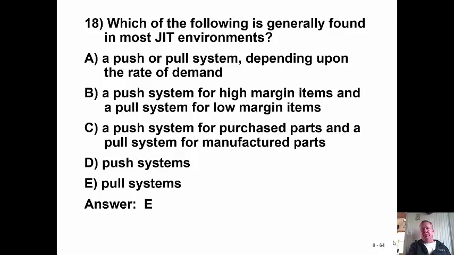Which of the following is generally found in most just-in-time environments? So, pull systems, right? Push system means that you're just kind of blindly shoving stuff out to the floor, hoping that it's going to be used. And also, if you're using that throughout the program, the customer doesn't really get a vote until the end.